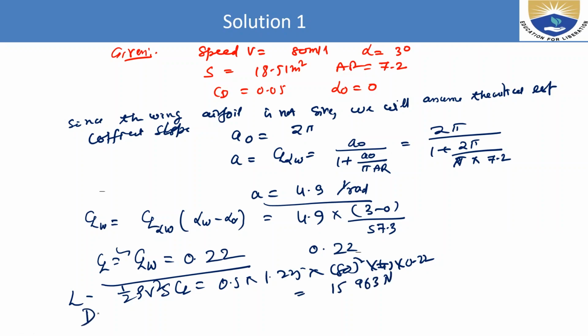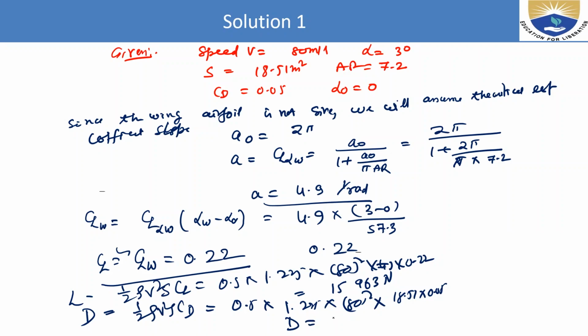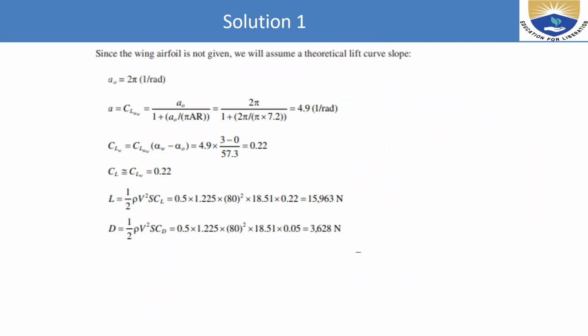And drag we can get as half rho V square S CD: 0.5 into 1.225 into 80 square into 18.51 into 0.05, and here we will get the drag equal to 3628 Newton. So this is the lift, this is the drag, and we got these two answers.